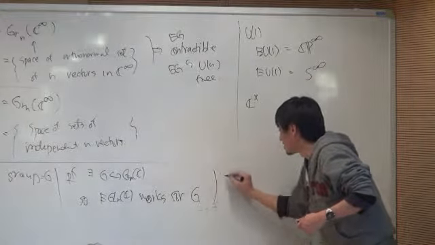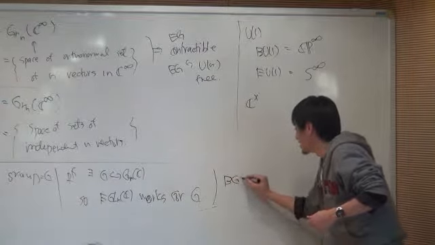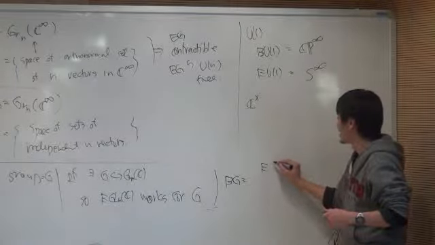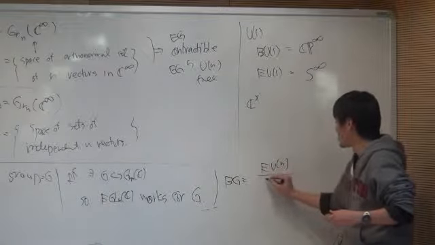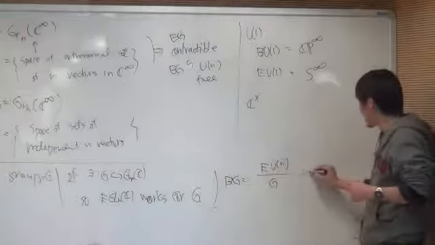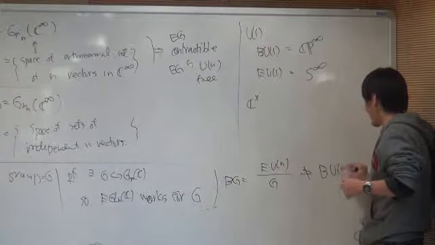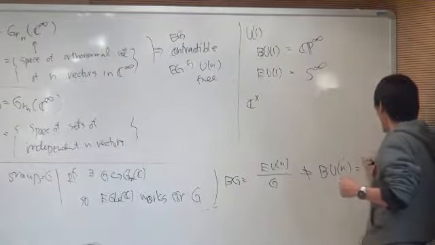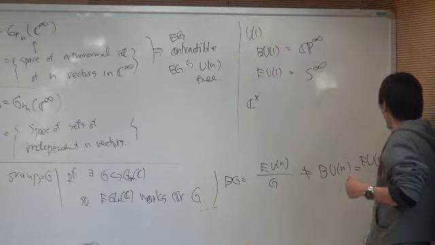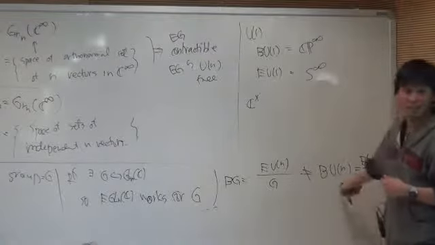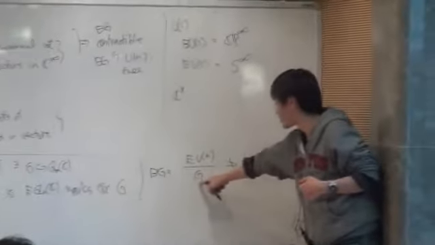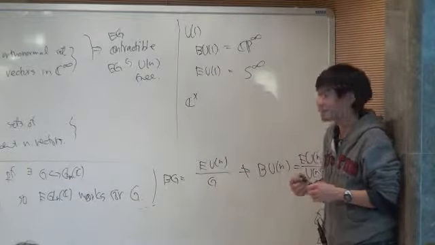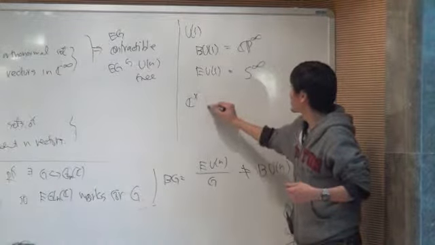So here BG is this E of UN modulo G, and this is different from B of UN, because B of UN is E of UN modulo UN. But now you're taking the quotient by the subgroup G, so of course the quotient is different.